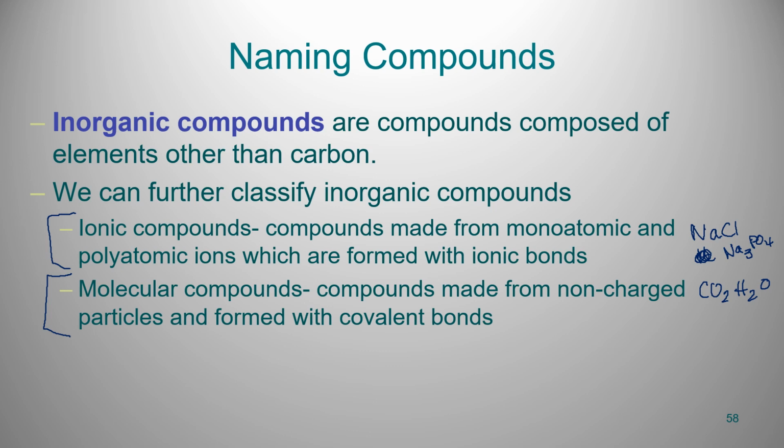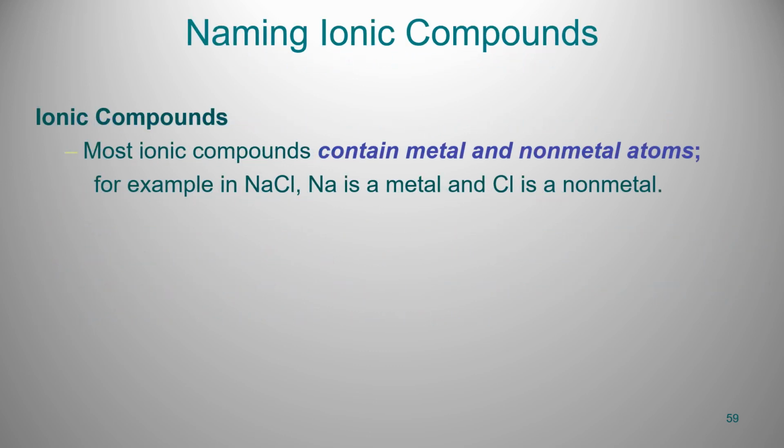So ions, non-ions. How can you tell the difference? Our periodic table is very helpful. You know what the periodic table looks like, and you know where the dividing line, the stair steps, is between the metals and the non-metals. In general, if one of the elements is a metal and the other is a non-metal, and they're combined together, it's ionic.